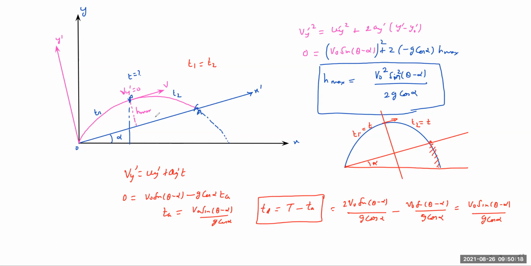The answer is no, it is not symmetrical graphically. So for an asymmetric graph, we have the same time. Because we are solving in 2D, the condition for 0 to maximum, maximum to 0, is the same, so the answer must be the same. Yeah, that's correct, because the acceleration in y dash is constant, which is g cos alpha all the time. So this must be the same. That's my mistake.